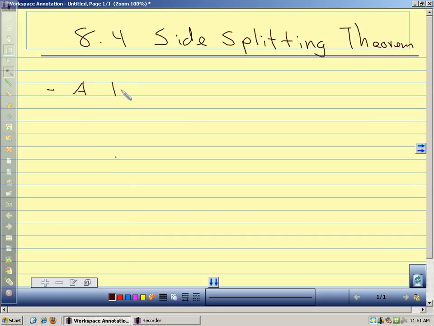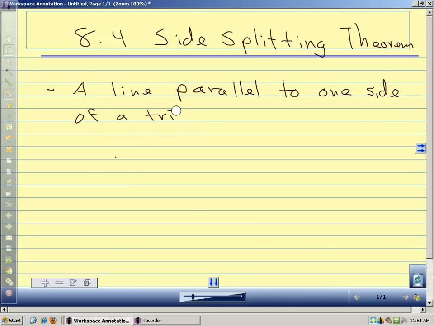The side-splitting theorem says that a line parallel to one side of a triangle divides the other two sides proportionally.